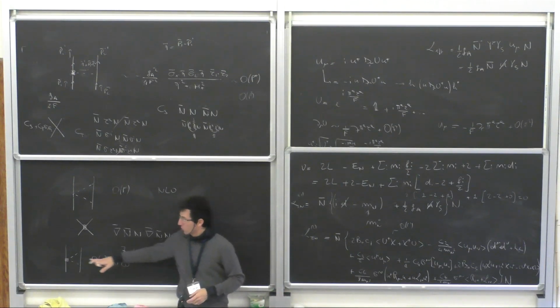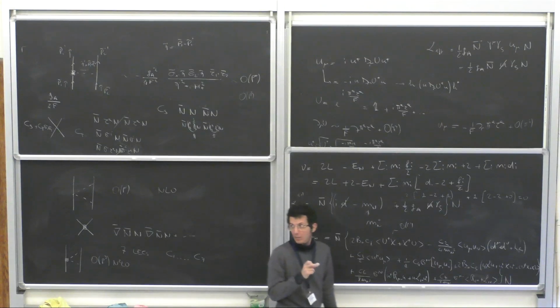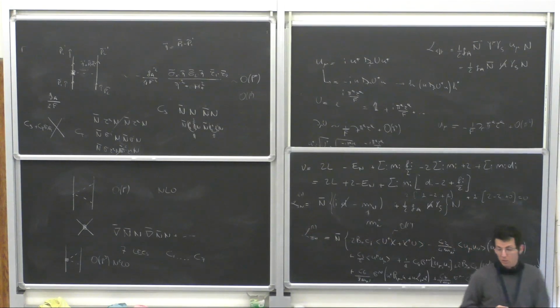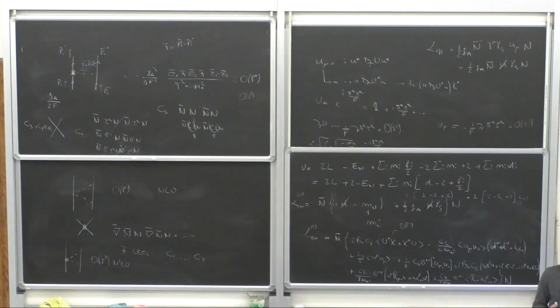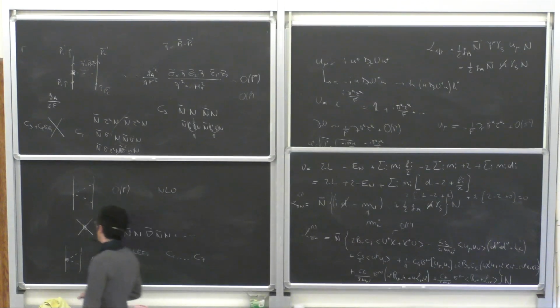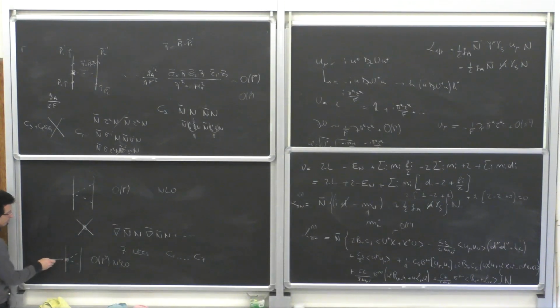So we put a cross, a square there, to distinguish. We don't have extra legs, because this square, the subleading pion-nucleon interactions, we take from the pion sector.